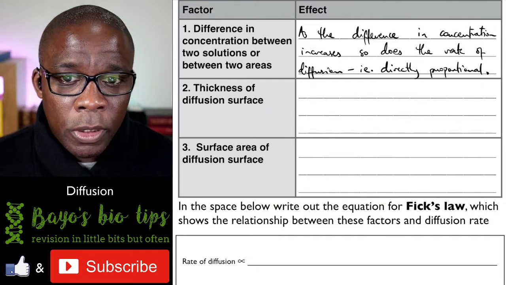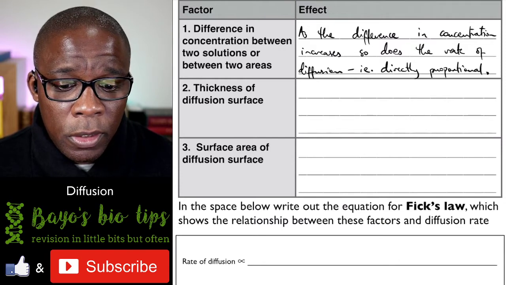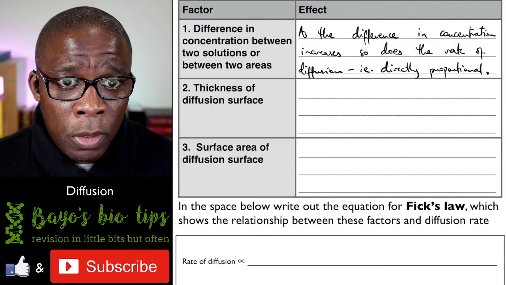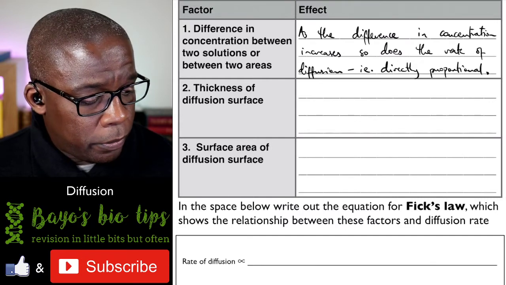The next thing we're going to consider is the thickness of the diffusion surface. Basically, the distance that the particles need to travel through the membrane.